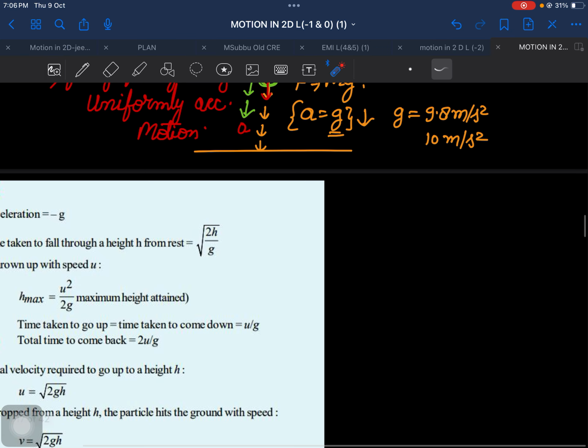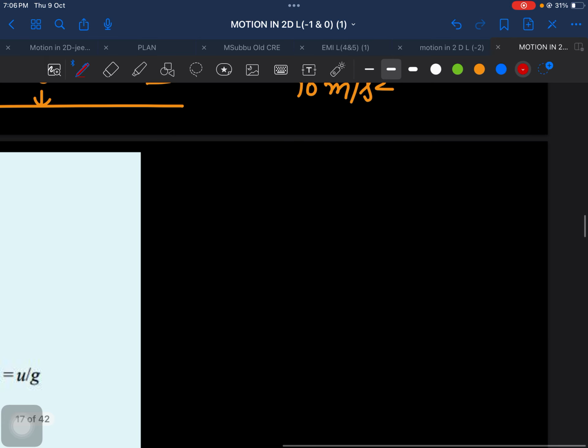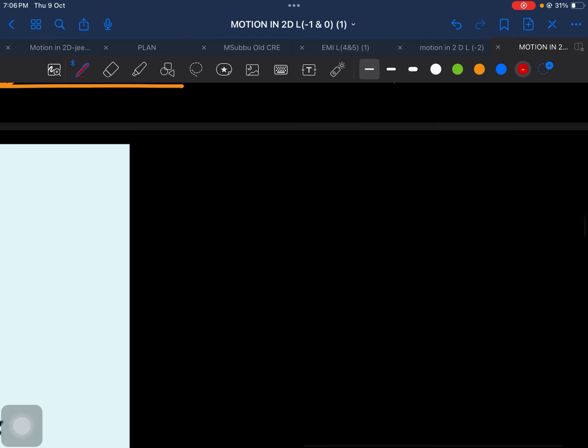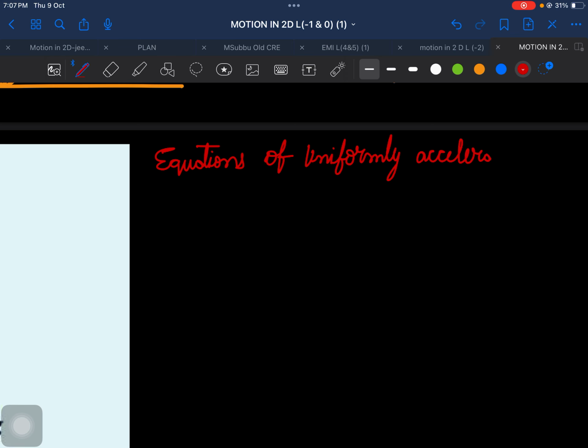So let me tell you the equations of uniformly accelerated motion, a very important thing. Students, we have 3 equations. When the acceleration is uniform, we can use 3 equations.